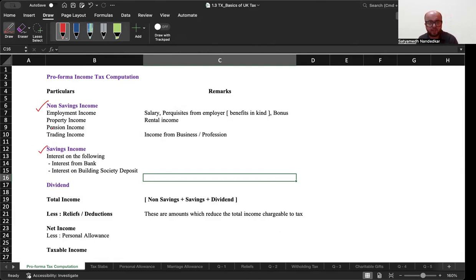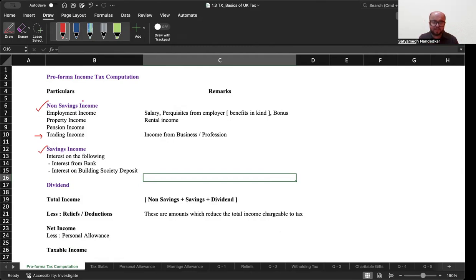After an individual retires, his employer might continue to pay him a certain amount every month in return for the service he has provided in the past. That is your pension income. And if you have set up your own business, where you sell goods and services throughout the year and earn some profit by the end of the year, that is your trading income. So non-savings income primarily has four categories: employment income, property income, pension income, and trading income.